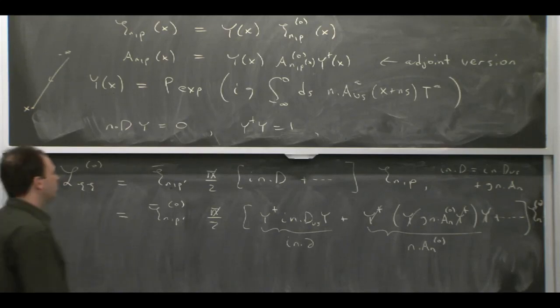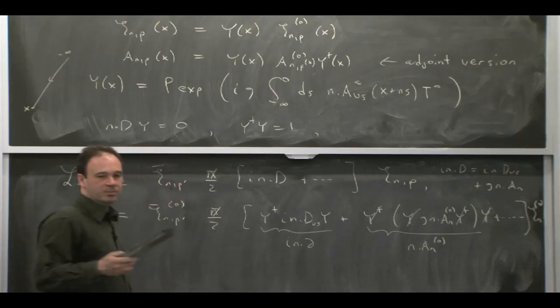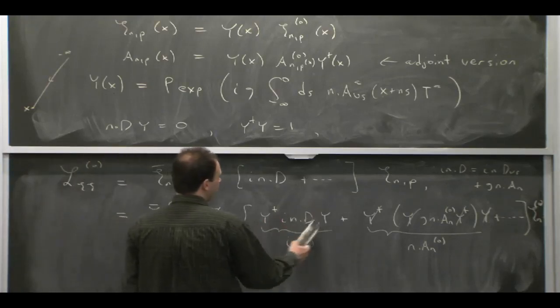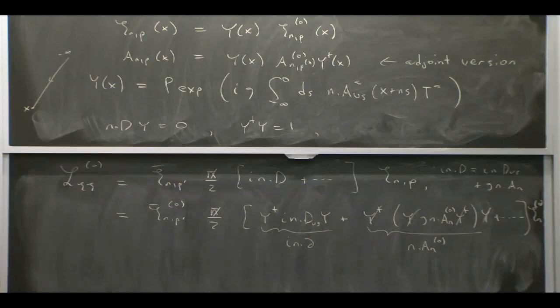Now there are terms in the plus dot dot dot. Those terms involve the D perp slash and the 1 over n bar·D. And if I had written out those terms too, then the same thing would happen actually. All the Y's would cancel out in those terms as well.